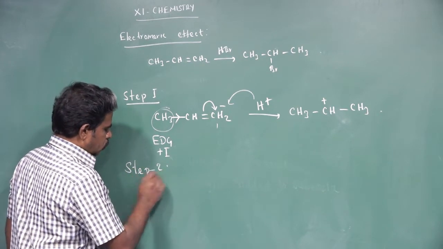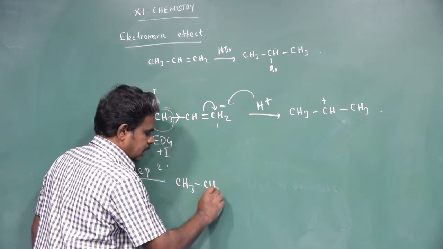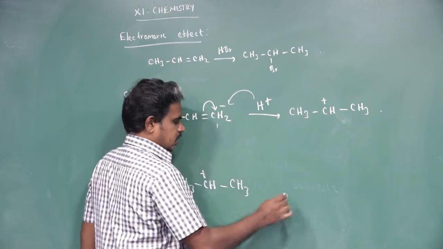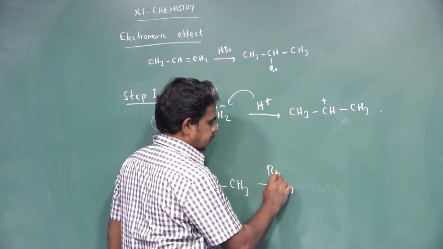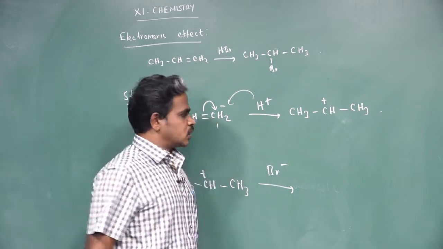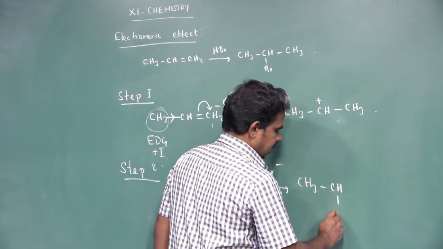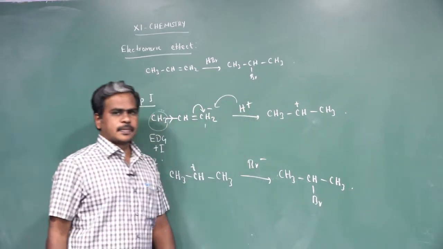In step 2, this isopropyl carbocation, CH3, CH plus and CH3, is attracted by Br minus. So we are getting CH3, CH, Br and CH3.